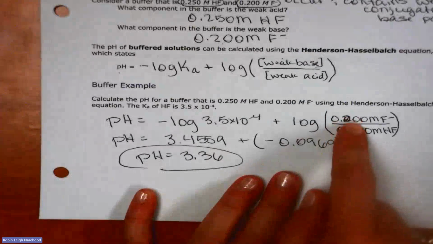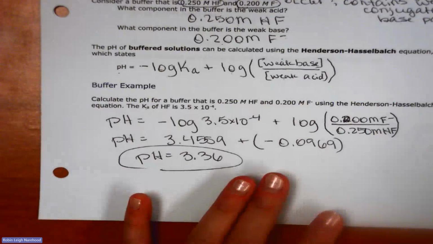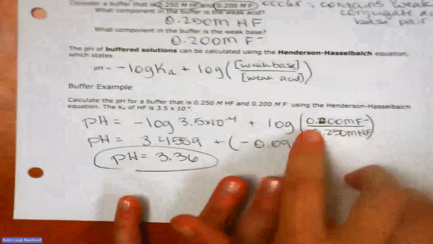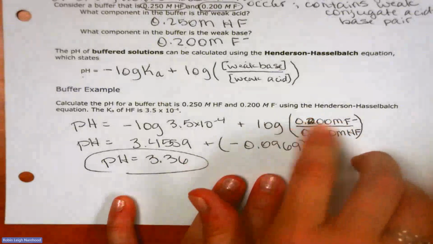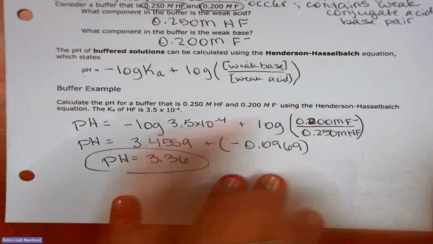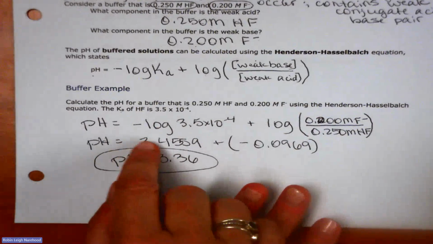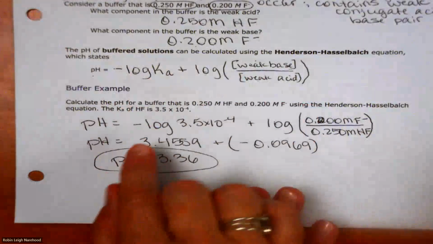If you had an equal number divided by itself, the log of 1 is 0. So you want the ratio of the concentrations to be close to 1 to 1, and that would put the pH close to the pKa. The negative log of Ka is called the pKa.